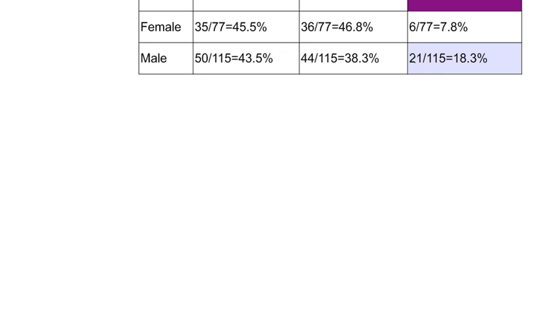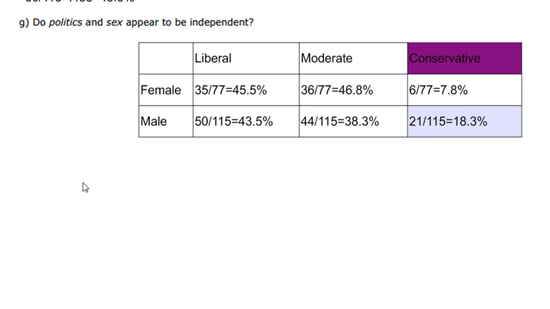So in statistics, when we do something like this, we always write out sentences to explain our answers. So I'm going to write out how I would conclude this.